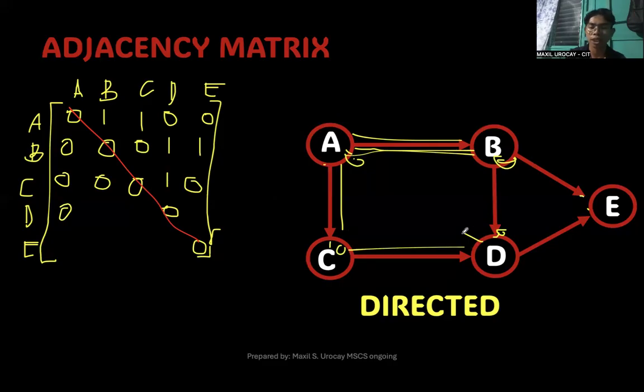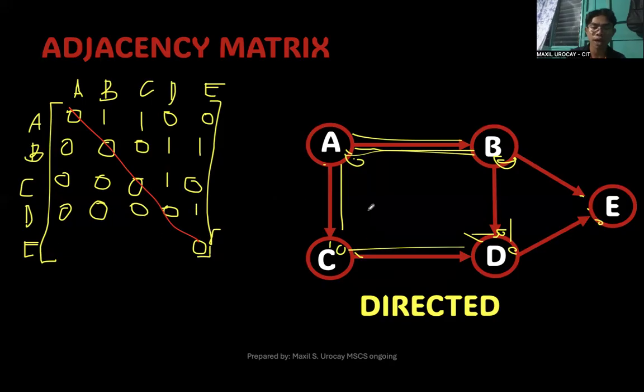And how about for D to B? There is no connection, still the same thing, so that is 0. D to C, there is no connection that points to C, 0. And how about for D to E? There is a connection, so that is equal to 1.